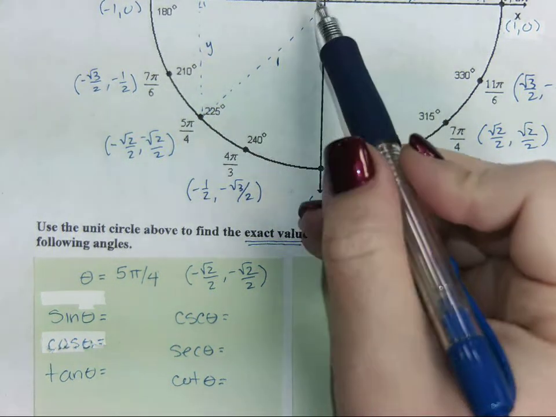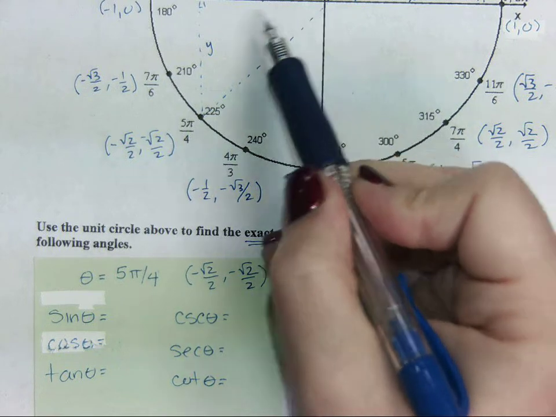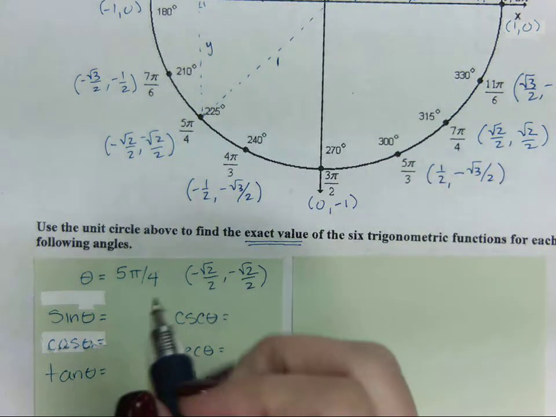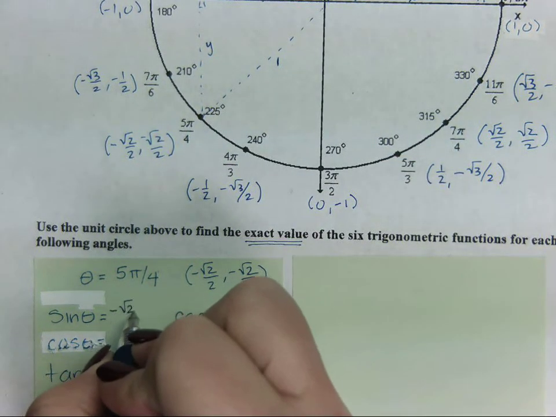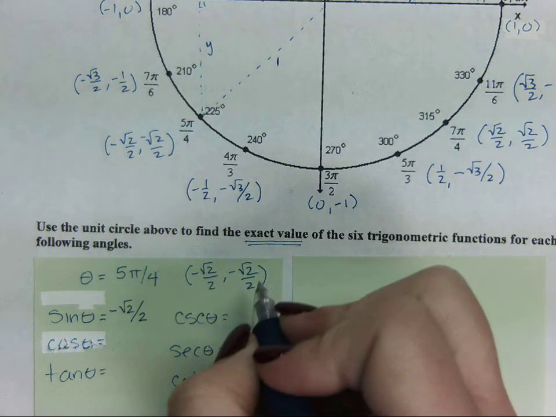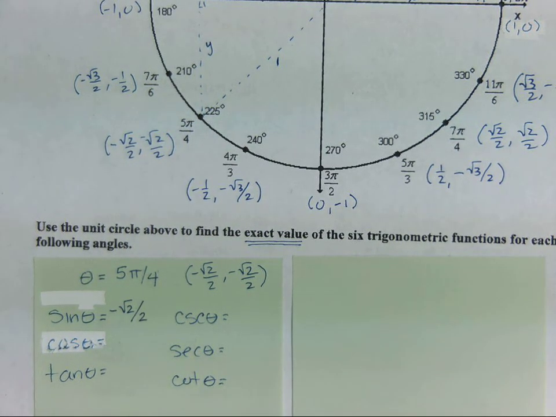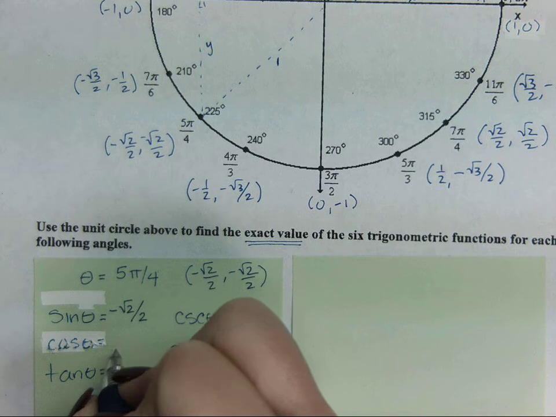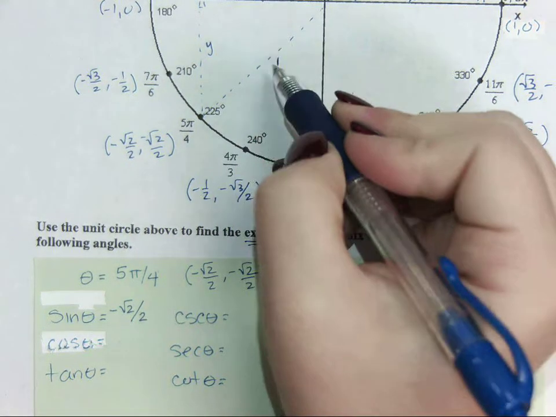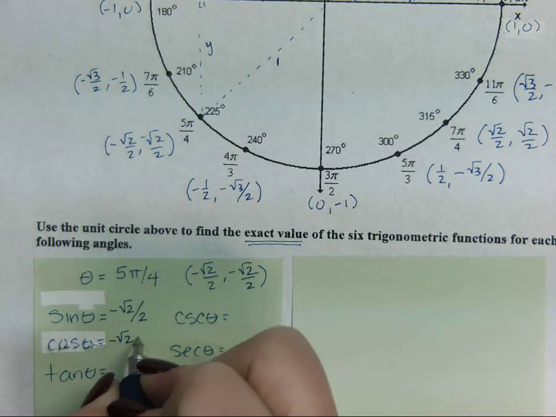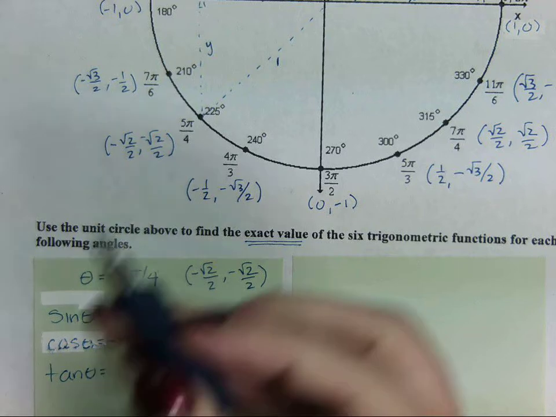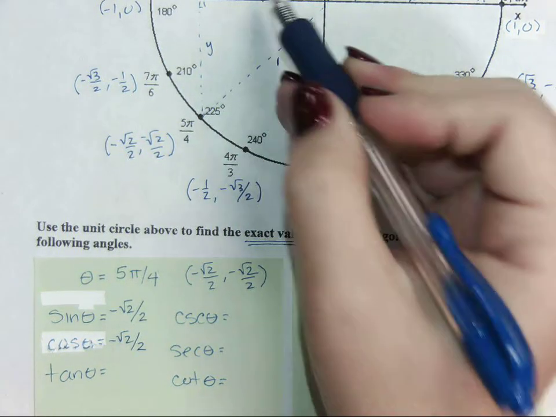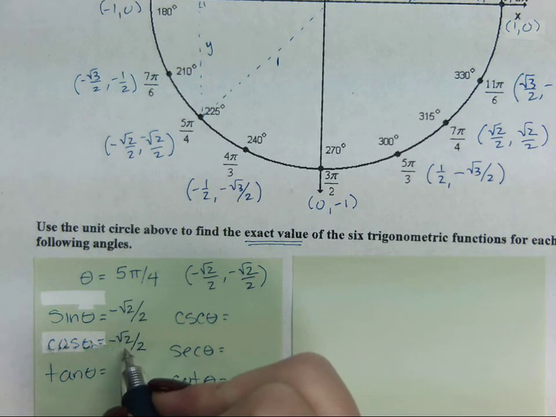And again, if I want to know the sine, it would be the y over 1. So I'm going to look at just the y value and say the sine of that angle is the y-coordinate, which is negative root 2 over 2. Cosine is always adjacent over hypotenuse, which is the other coordinate. And since tangent is always opposite over adjacent, I'm going to create a fraction with these two.